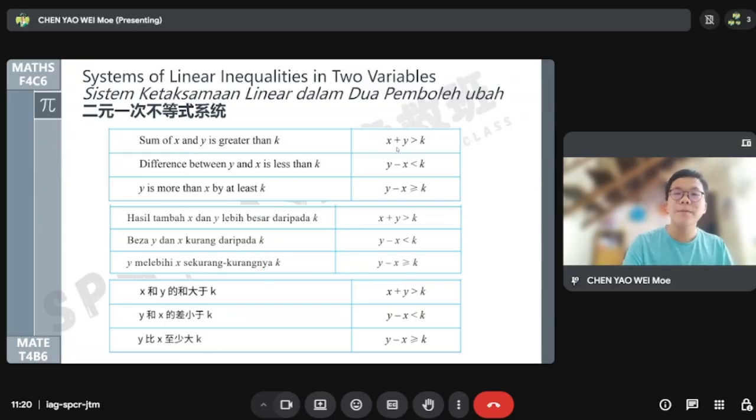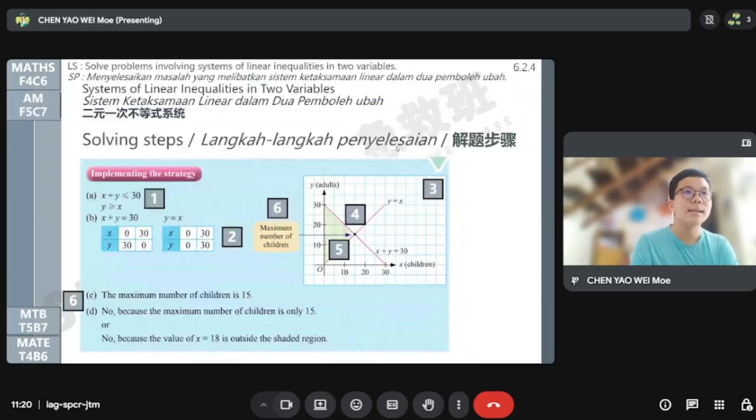How do we solve the question? The solving steps. First, you need to construct inequalities from the question. The question gives you a situation, and you need to create inequalities based on it. Next, construct a table to find the coordinates, same as the previous one.